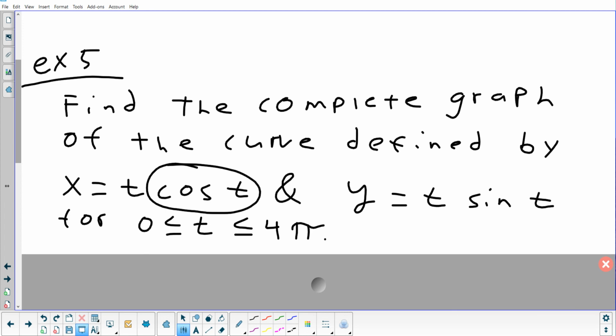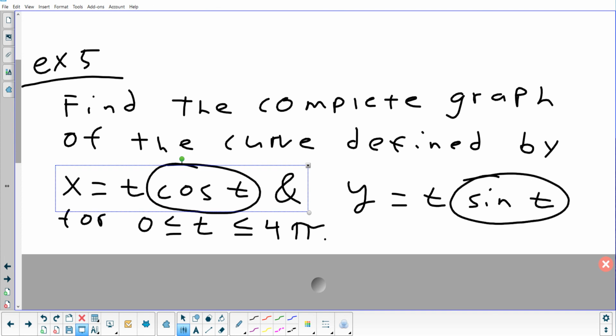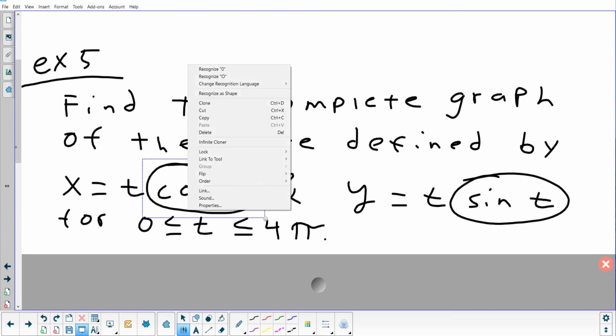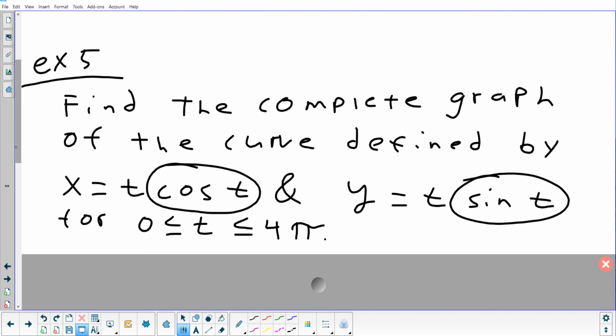What does the graph of cosine have for a range? Like when you plug a value in for t, you always get a number between what? Caleb? -1 and 1. So the part that I circled is always between -1 and 1, and so is this. Now, you're going to multiply the part that's circled by t. Let's think of it this way.